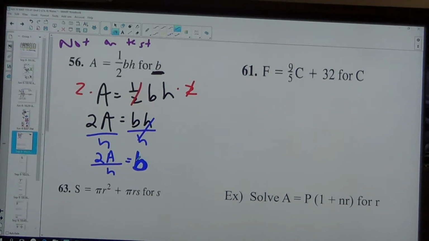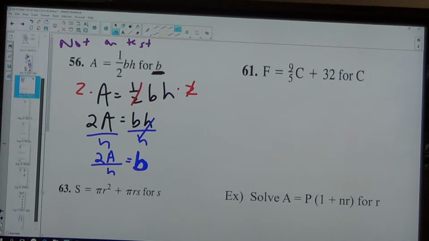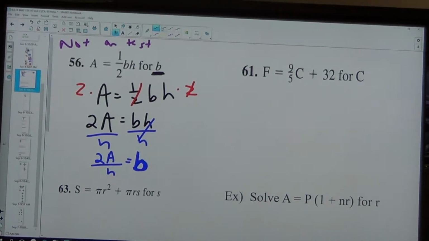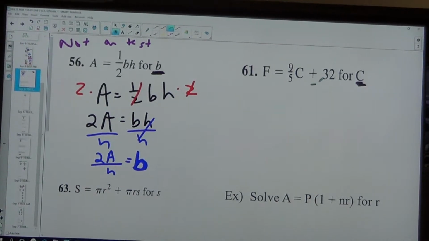All right, what about number 61? We want to solve for C. It's like a puzzle. So you want to get rid of that 9/5. We got a married couple and a single friend. So to get rid of the 32, you subtract the single first, right? Yes, so what do we need to do? Subtract 32.